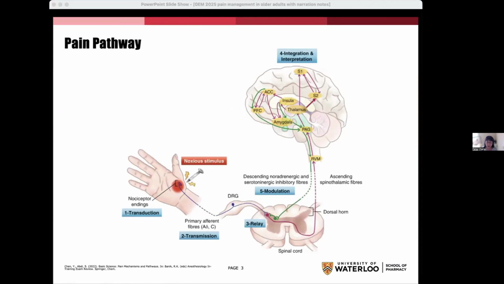So this is a quick review for you on pain physiology. You can see on the left-hand side here, there's a hand, and then there's injury to the tissue from a nail. The key thing to remember here is that pain is a sensation. It is sensed in the brain, and it becomes integrated with memory, expectation, emotions, etc. So the intensity of pain can feel different for different people, even in the same person when they're experiencing different life events or at different stages of life.